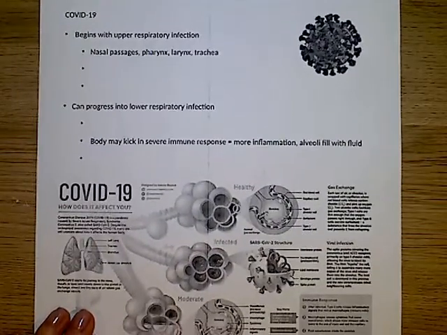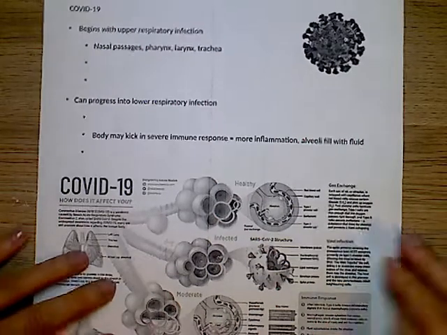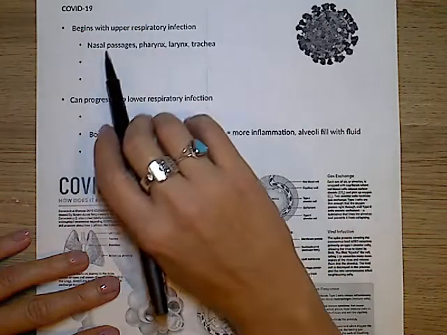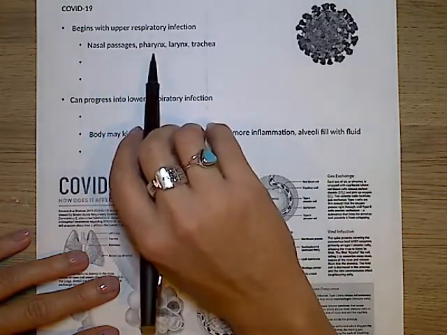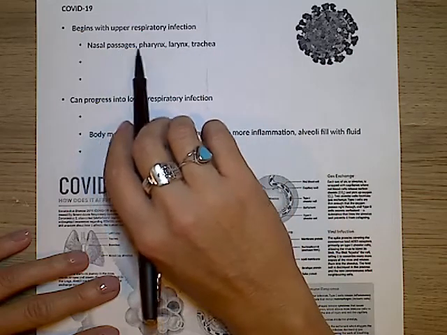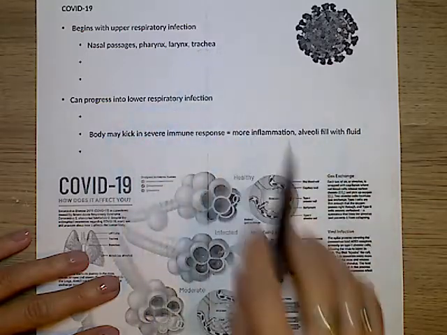And I believe there's nothing about COVID-19 on the exam, but we're just going to cover a couple of things about it real quick. So COVID-19 begins with an upper respiratory infection, and your upper respiratory system includes your nasal passages, your pharynx, your larynx, and your trachea. So basically your nose, your throat, your mouth, and the tube that leads to your lungs.